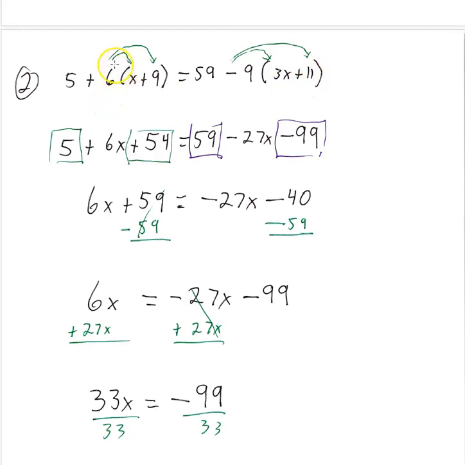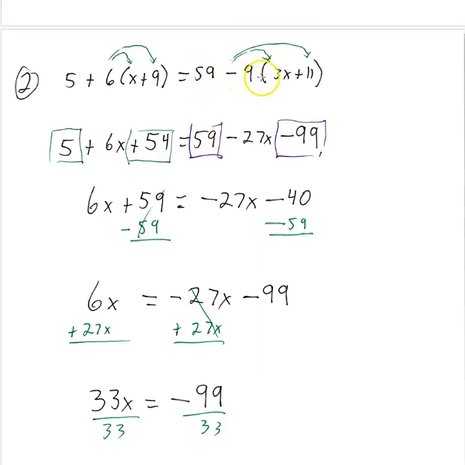First we had to do the distributive property. If you forgot what it's called, but you know how to do it, that's okay. So I drew my little arrows. First off, I just write my 5 down. I have 6 times x giving me 6x, 6 times 9 giving me positive 54. My 59 just comes down.